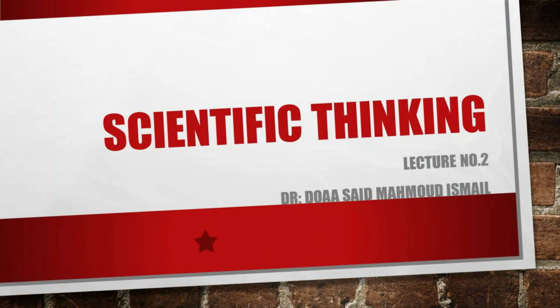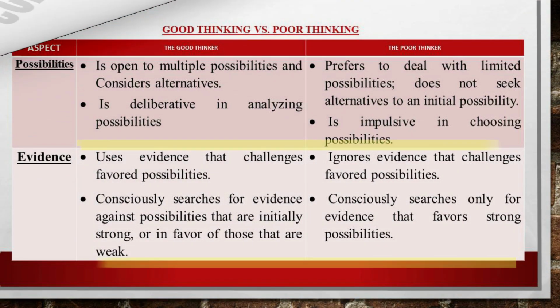After we differentiate between good and poor thinkers in general traits, in goals and possibilities, we can differentiate between good and poor thinkers in evidence. How?